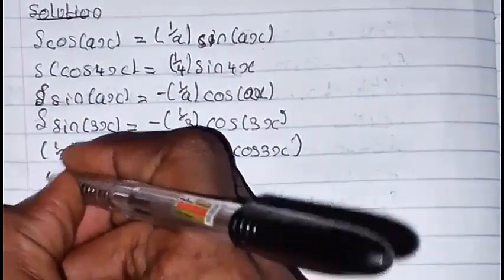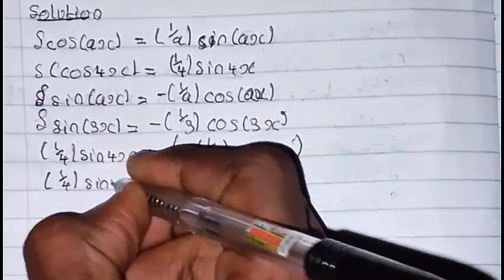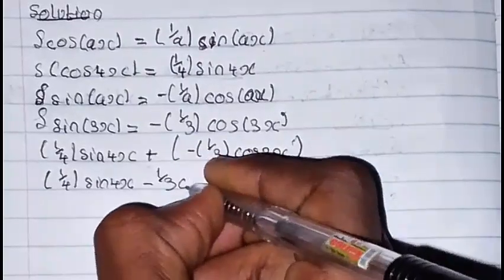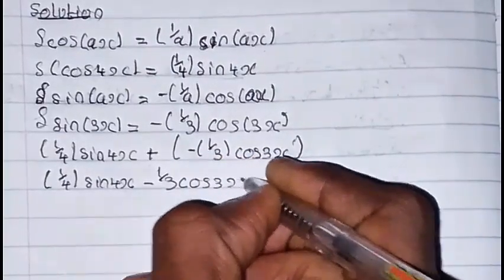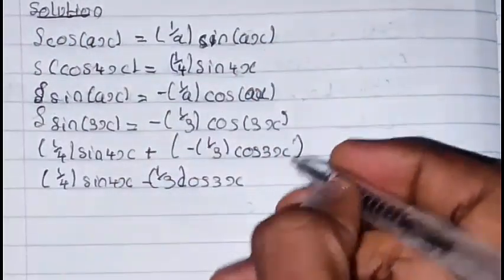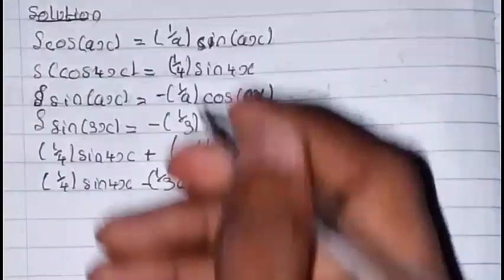So our final answer becomes 1 over 4 sine 4x minus 1 over 3 cos 3x. Alright, so that corresponds to option C, with the inclusion of a constant, which is k. So option C becomes our correct answer.